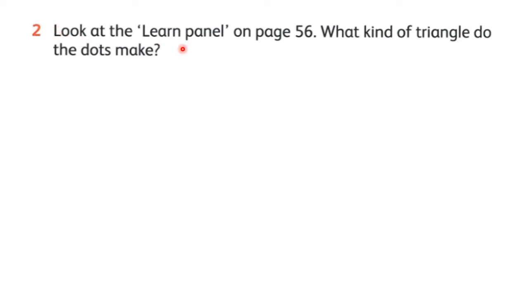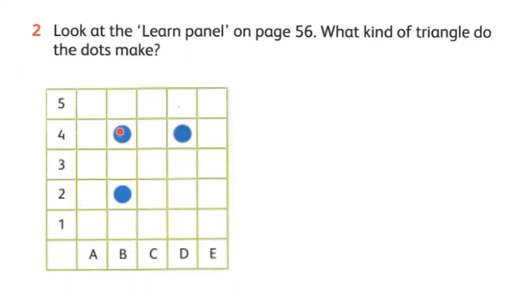Look at the Learn panel on page 56. What kind of triangle do the dots make? This is the Learn panel. Again, you've seen this already. What kind of triangle do they make? Now, if we take the dots and turn them a little bit, we get this here.